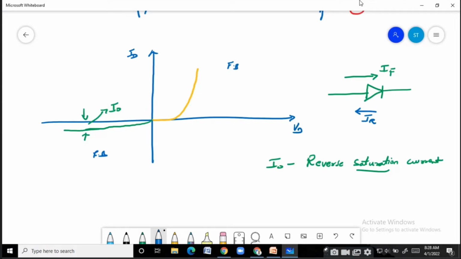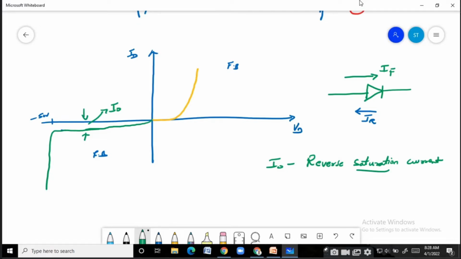So what happens if you keep on increasing? As I said, in the lab we don't come across this breakdown condition, but theoretically, if you reach a 50-volt breakdown, then at this point the current increases drastically. The current is increasing, but the voltage across the diode is nearly fixed.